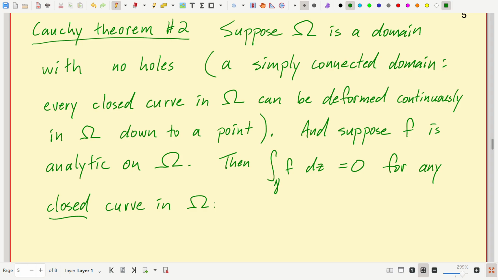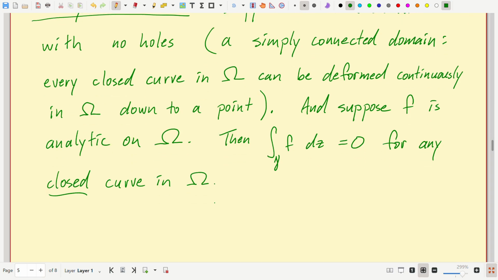So, as a consequence of the thing we started out with, that means that on a simply connected domain, all analytic functions have analytic antiderivatives.